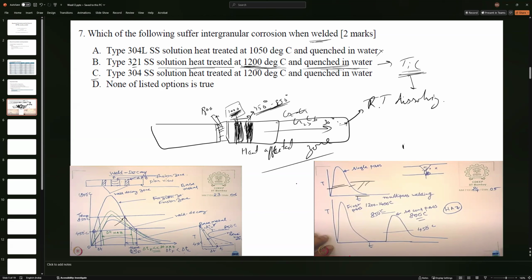But further away, the fusion zone will also get a region where the temperature has gone to 450 to 850 degrees Celsius, so there it'll be sensitized, it'll be prone to IGC. Does it make sense? I think it makes sense.